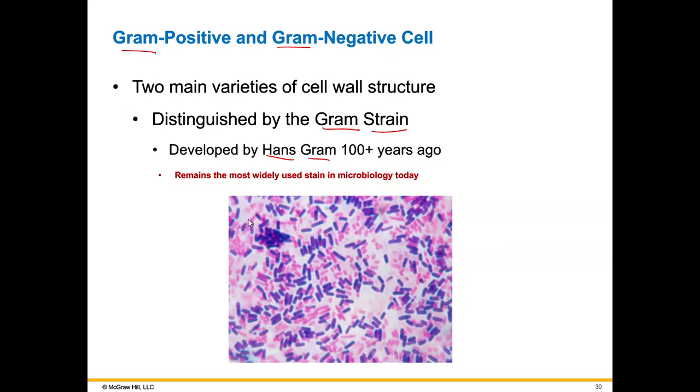And to this day, it's still the most widely used microbiological stain in any clinical setting. There's two possible outcomes when you perform a gram stain on bacteria. They're either going to turn purple, like some of these guys, or they're going to turn pink, like some of those guys. So here we see a mixed culture, meaning we have two or more different species of bacteria here, and some are gram-positive and some are gram-negative.